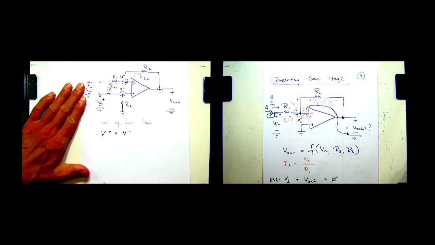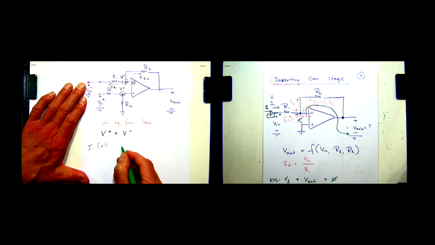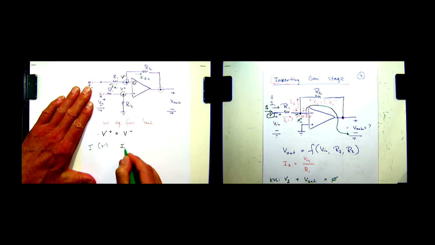So, okay, so equation 1, that's for node V minus, is the sum of all currents leaving the node is 0, right? That's what KCL is. So IR1, we defined up there what that is. IR1 is equal to IR2 plus, if you want, plus 0. We need to put that there, right? Okay? Fine.